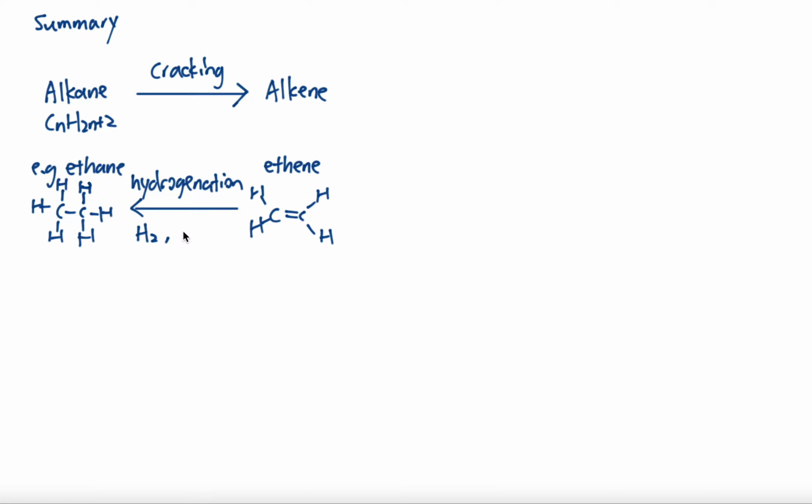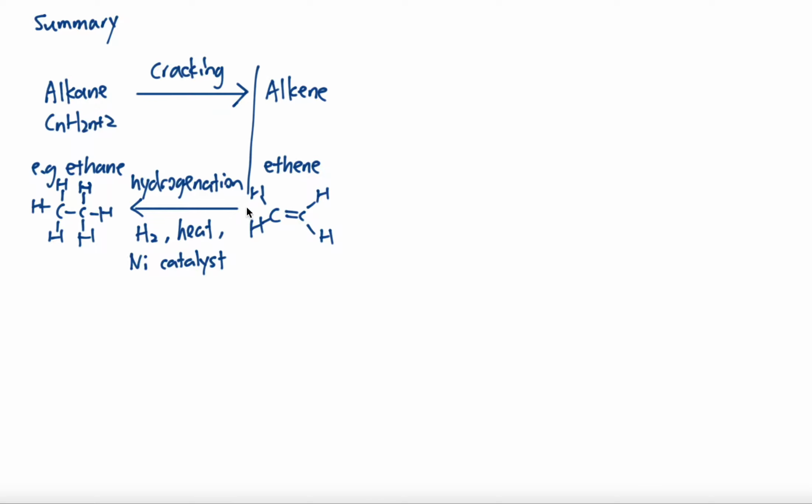And the reaction condition is heat and a catalyst. The catalyst is nickel. Hydrogen is not the only thing that can be added on. We can add others as well.